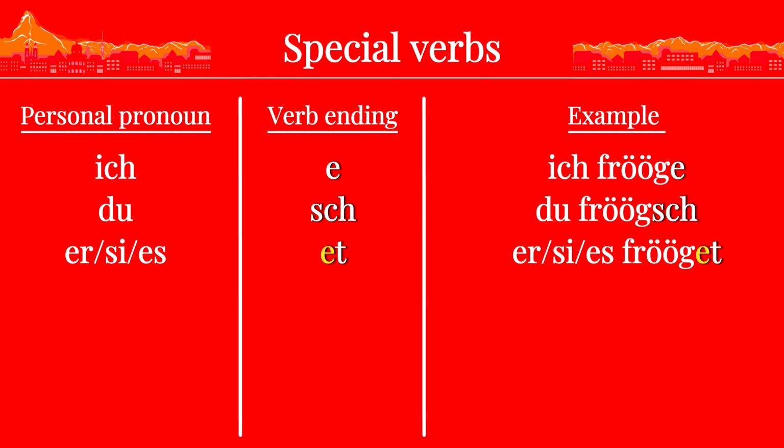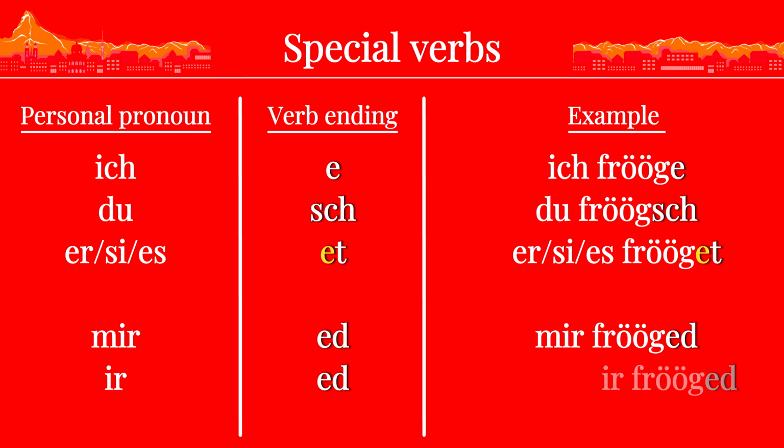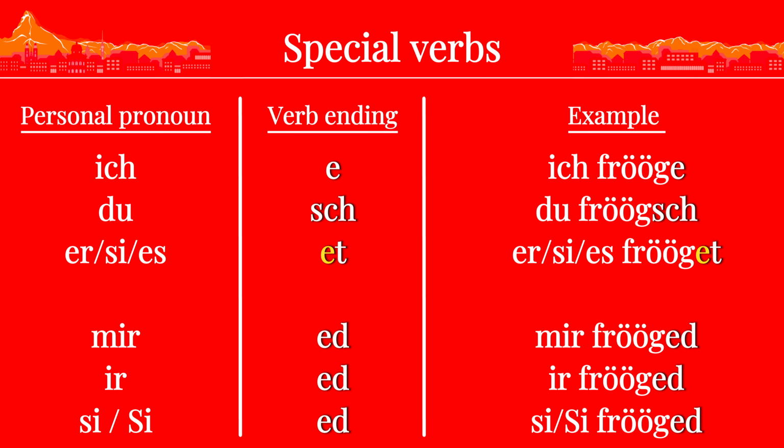Er, sie, es fragt. Wir fragen. Ihr fröget. Sie fröget. The third person singular can be pronounced comfortably with or without the e. Frögt. Fröget.